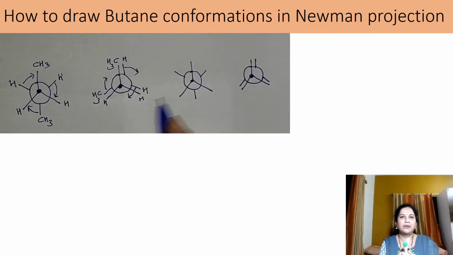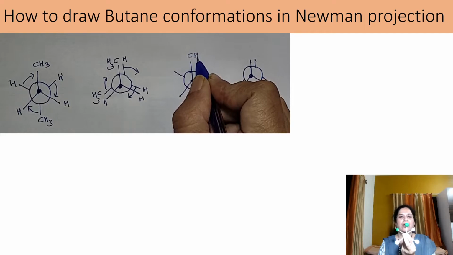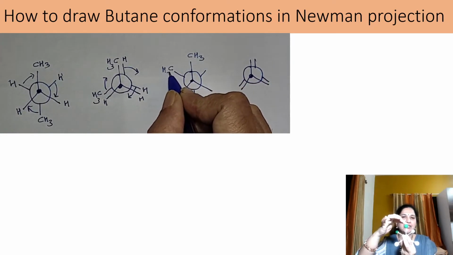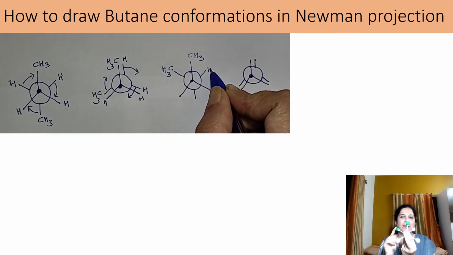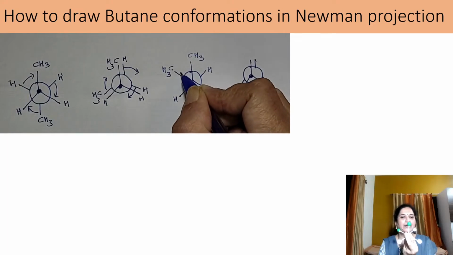I will again rotate the back carbon through 60 degrees now. So what you can see is a staggered conformation again, which you can draw like this. Just watch the positions of CH3. For the front carbon the CH3 group is here, and for the back carbon CH3 is here, and the remaining are all hydrogens.